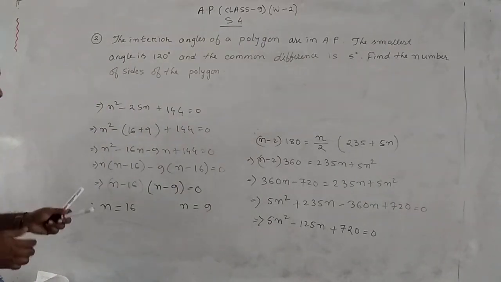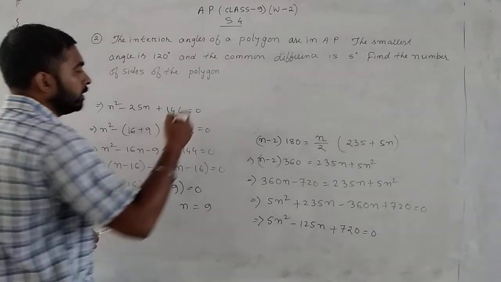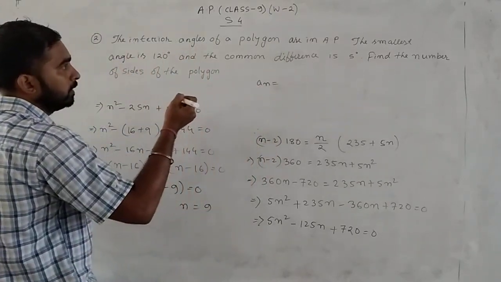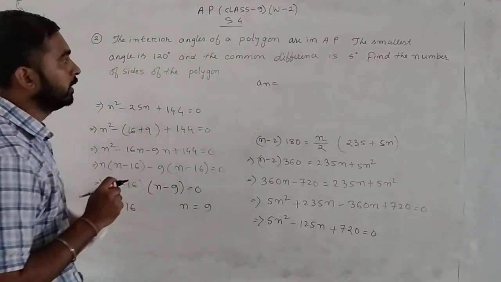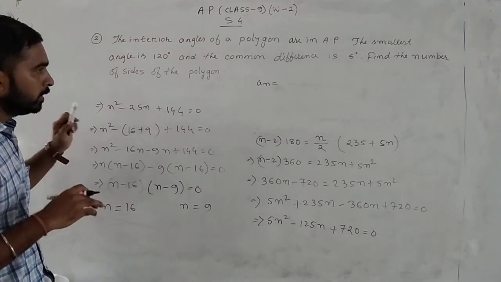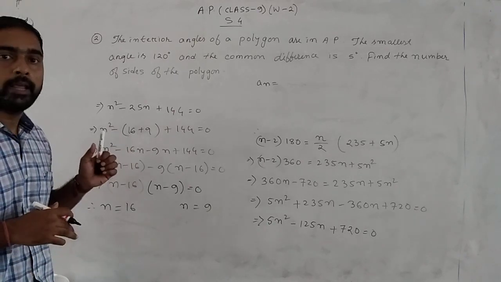Now here we got two values of n. Now we'll check which one is possible and which one is not possible. In a normal polygon, not a concave one, no angle is more than 180 degrees.